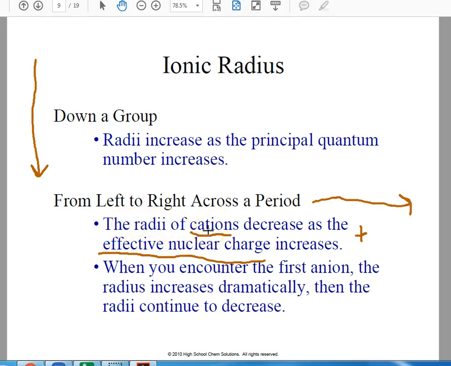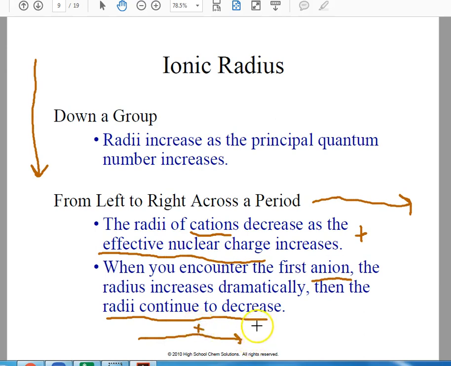because it's going to pull that in. However, when you move from cation to anion, anions are going to be much bigger. However, if you're comparing 2 anions, they're both negative, then it is still true that it continues to decrease as you move from left to right. So when you're moving from left to right, as long as it's positive, they're getting smaller.